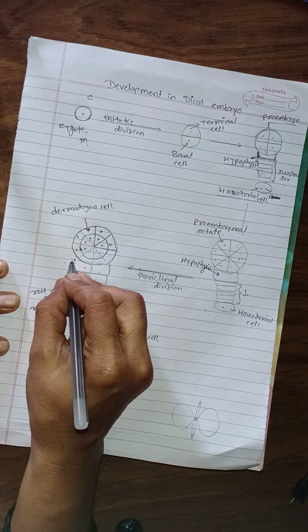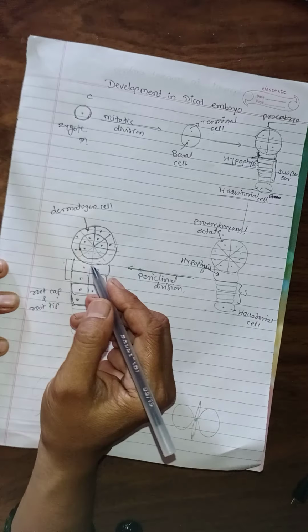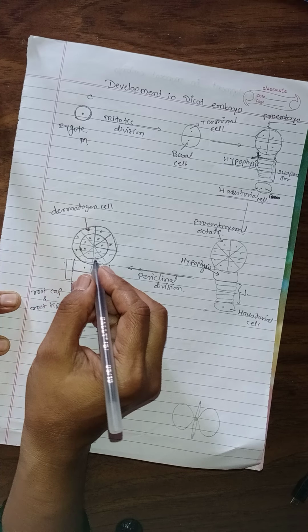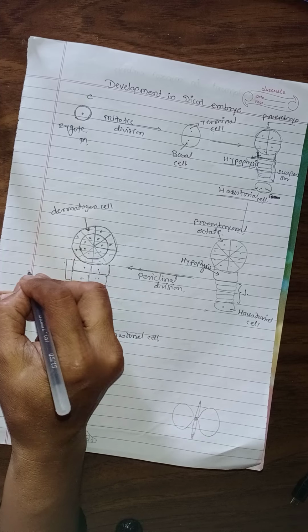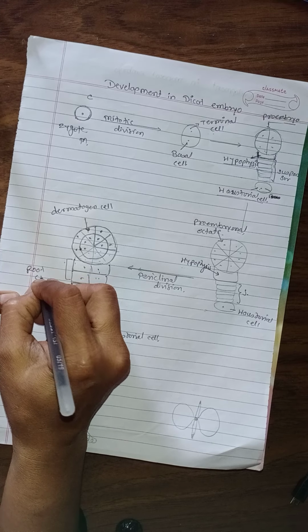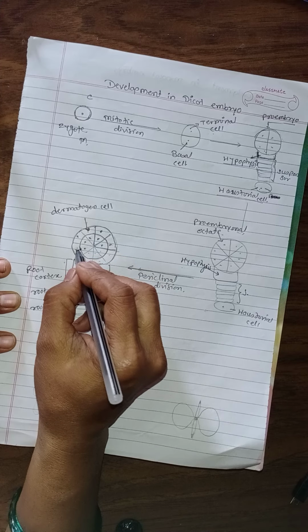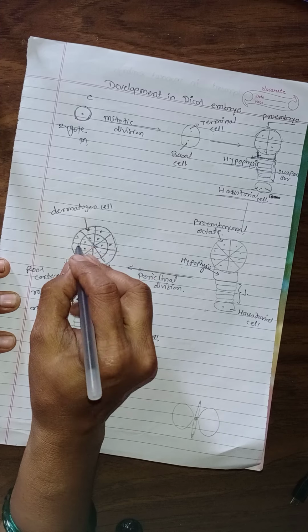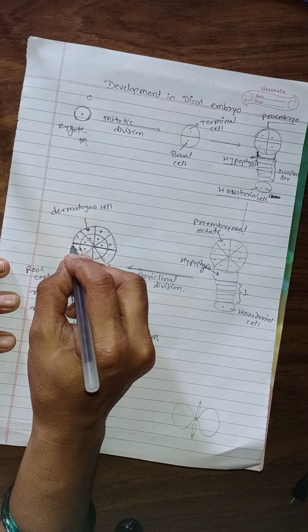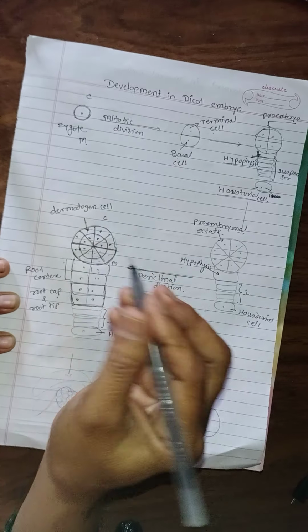Then these 4 cells towards proembryonal cell give rise to root cortex. Then these also get divided into 2 parts. This half part is towards micropyle end. This is micropyle end, this is chalazal end.